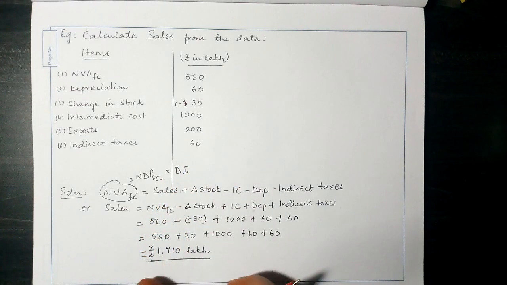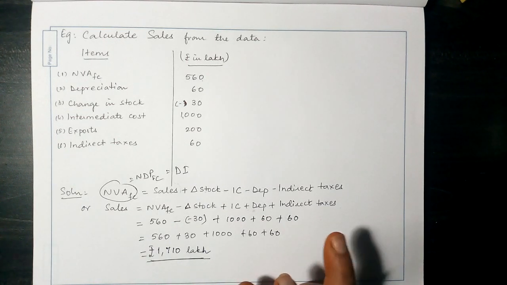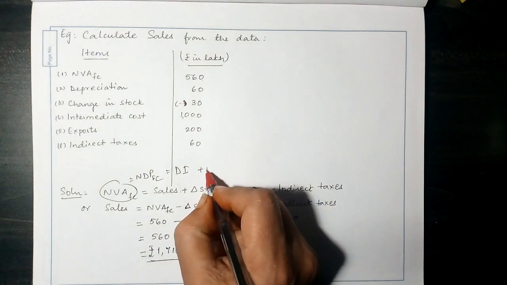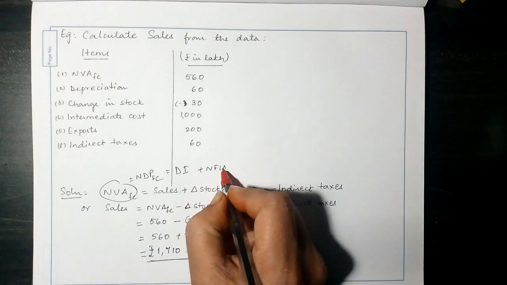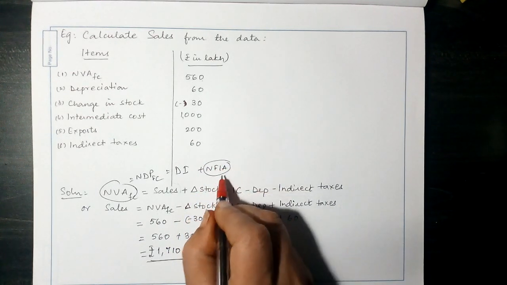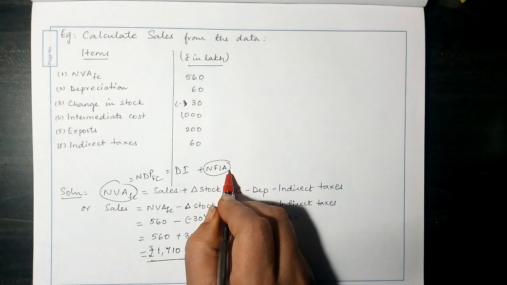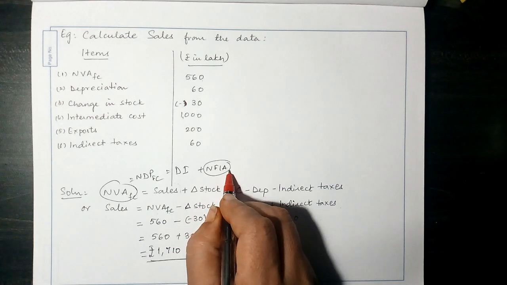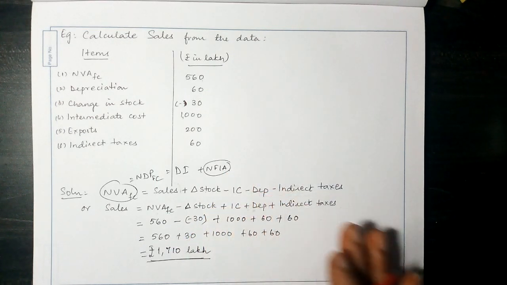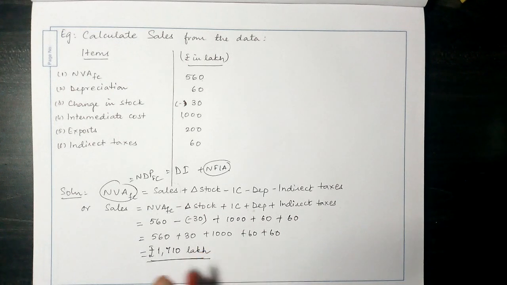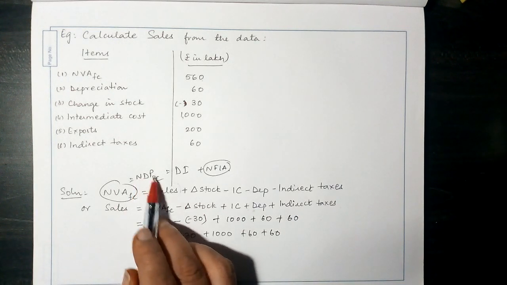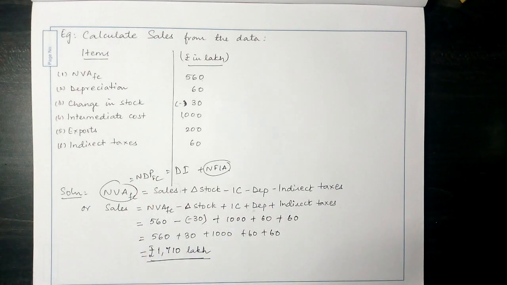So we calculated domestic income. To arrive at national income, we will need one more, called NFIA or net factor income from abroad. We are not given net factor income from abroad if we were to calculate national product. Okay, so that is the calculation of NVAFC or NDPFC, that is the domestic income.